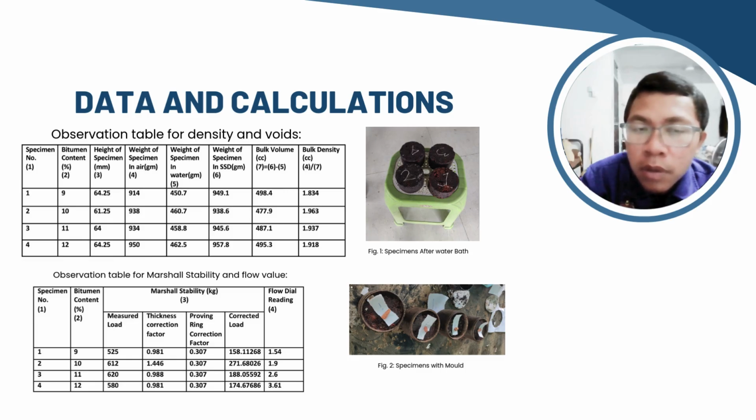Okay, now I will explain the observation table for density and voids. The table records data for 4 different specimens numbered 1 through 4.